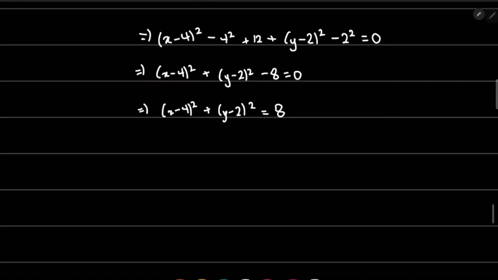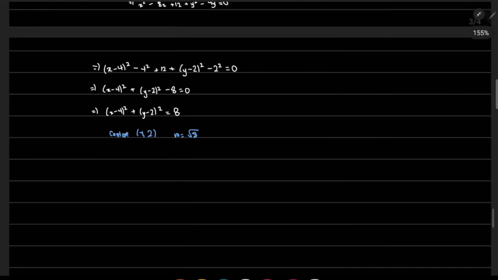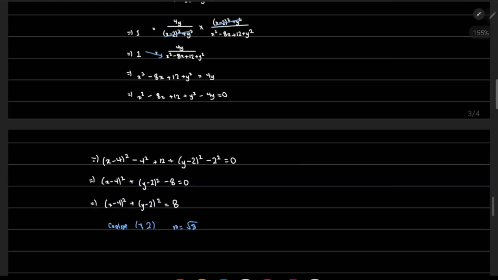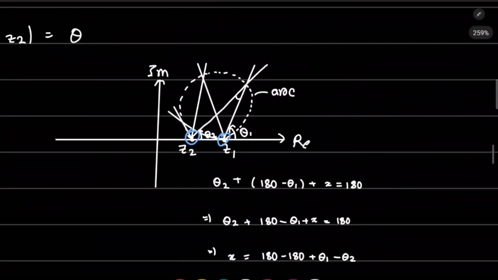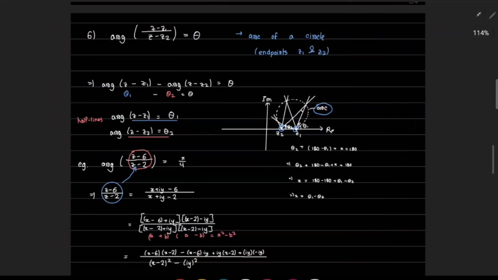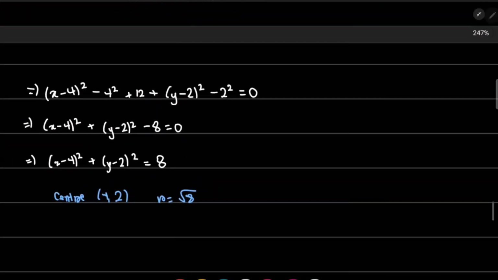So we just get the circle with center (4, 2), radius root 8. This is the circle that this arc is of. So this arc over here is from the circle with this equation.